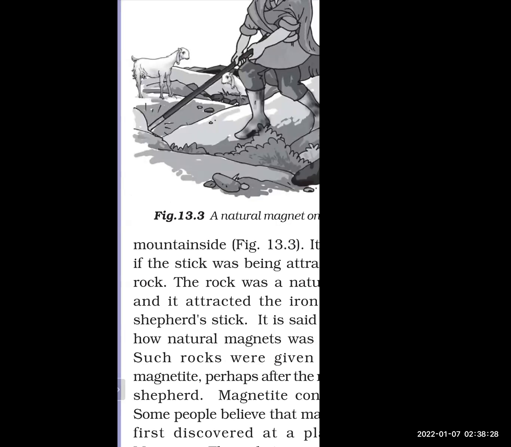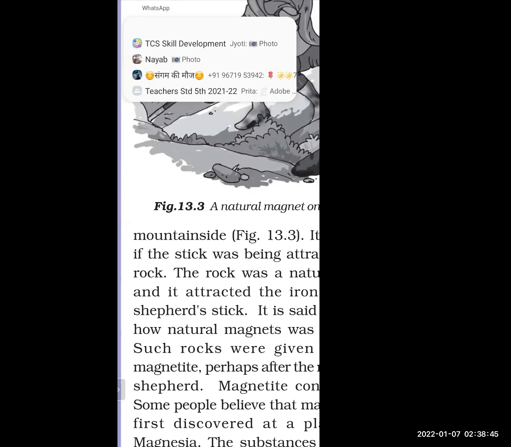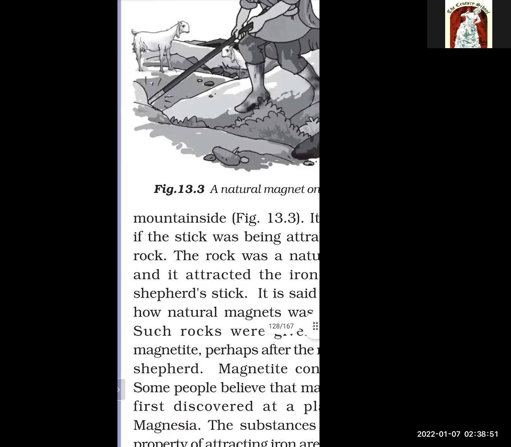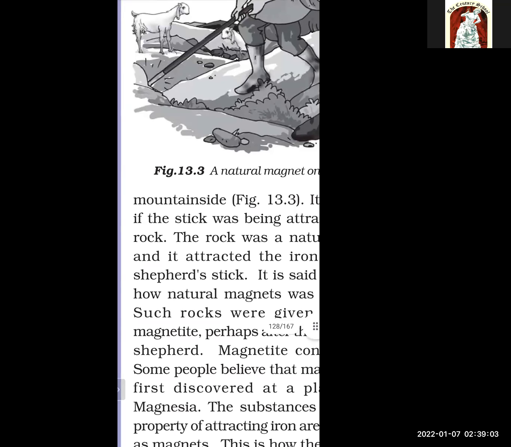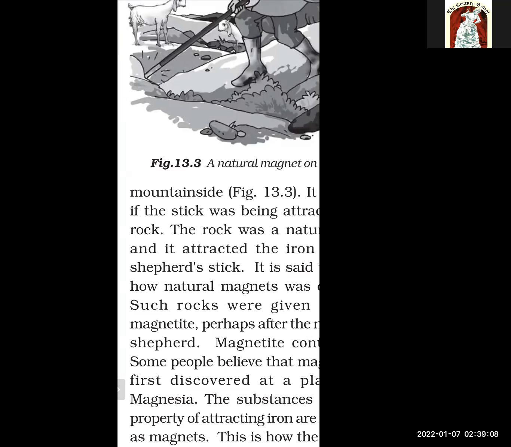And what is the use of this magnet? So this iron metal sticks to the natural magnet. Firstly the rock was given the name natural magnet, and then the name magnetite, and after this the rock was given the name magnet.